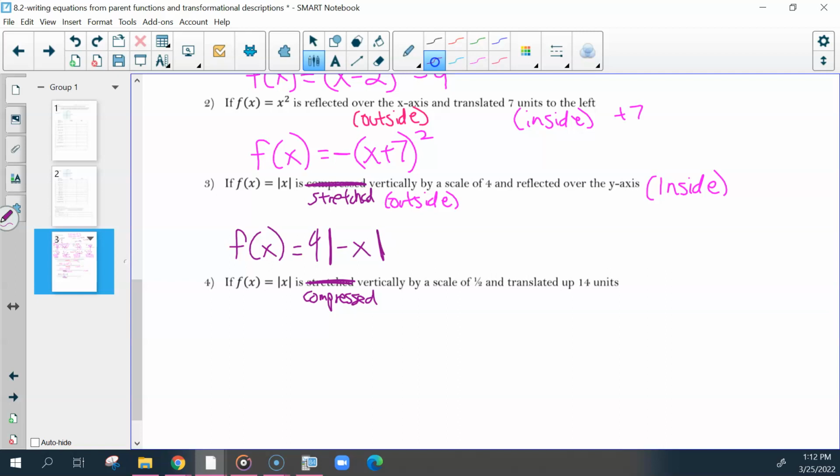And that would be it. There's a little less to write with absolute value functions than quadratic functions. It was reflected, which means it's negative. It was on the inside because it's reflected on the y-axis. It was a horizontal.